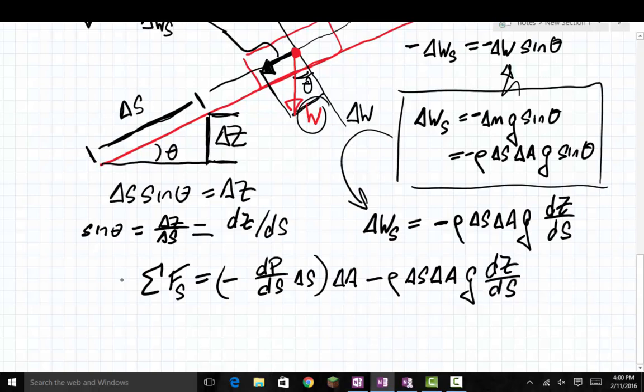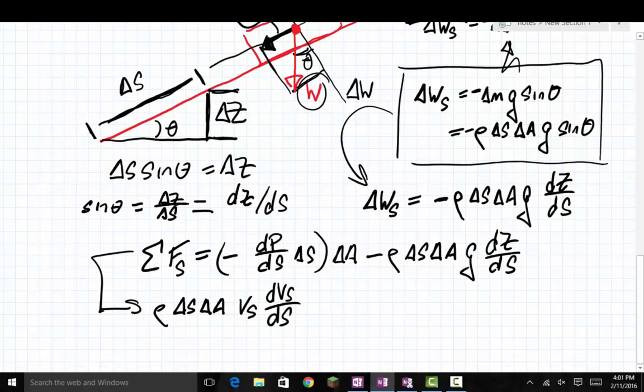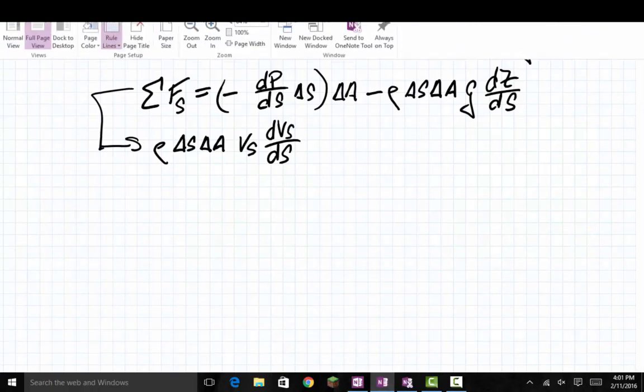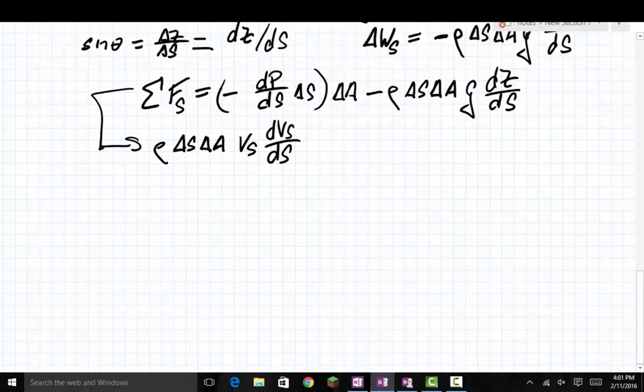And all of this has to equate to the differential mass times its acceleration, which is going to be rho times delta S times delta A, that's the mass, times V_s dV_s/ds. So let's cancel the terms. We recognize that there's a differential volume in each one of these terms, and there's a ds in each one of these terms.